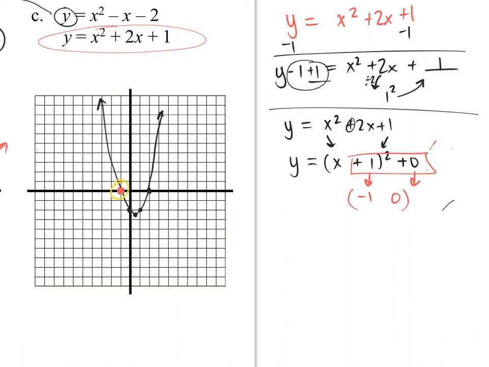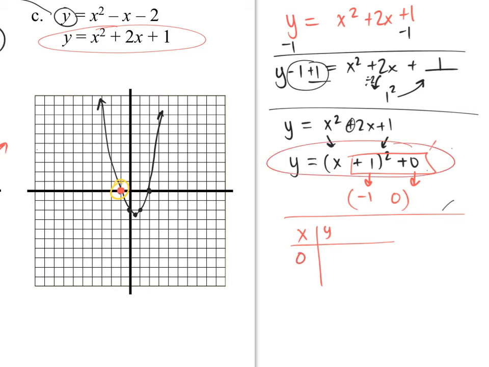Let's continue this red parabola just to see what he does from there. X, comma, y. I'm going to plug in some points. Right now, this red parabola has a vertex right here. So let's plug in points, say like 0 and 1. If I plug in 0 and I'm using this equation, I'm going to do basically y is 0 plus 1 squared plus 0, which gives me 1 when I solve it.